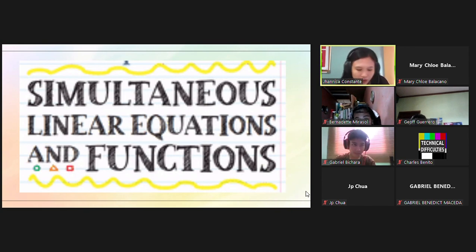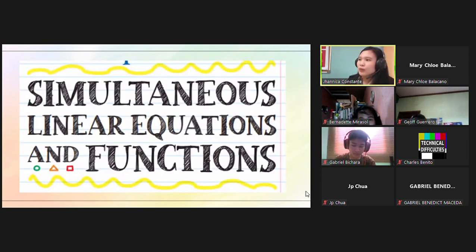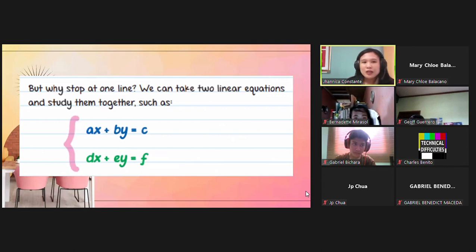Simultaneous function involves two types of function, or two sets of functions. To determine how many solutions we're going to have for the two sets of linear functions, we need to solve for the values of x and y, or look at the value of your slope and your y-intercept.